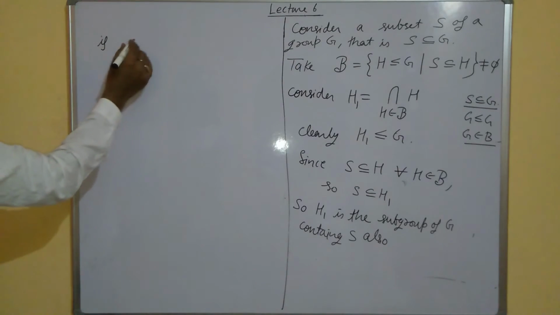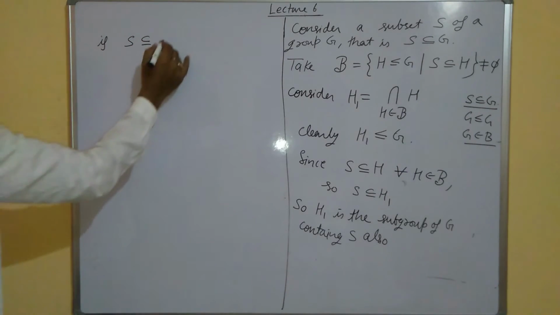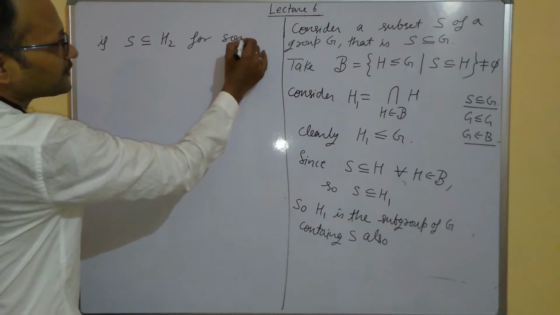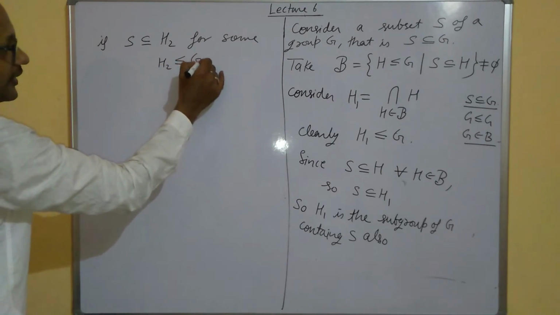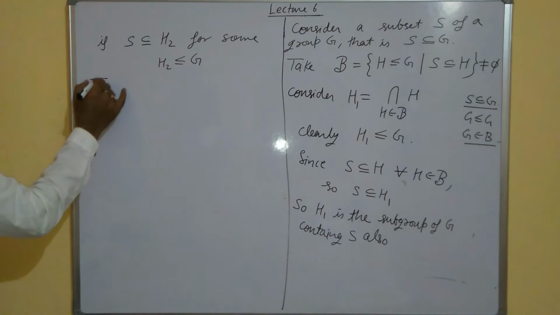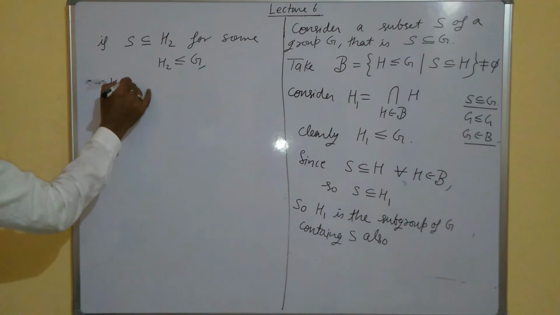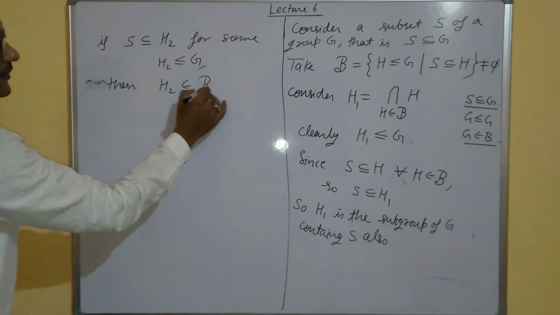If S is contained in H2 for some subgroup H2 of G, suppose, then what will happen? Then this H2 will belong to this family B.